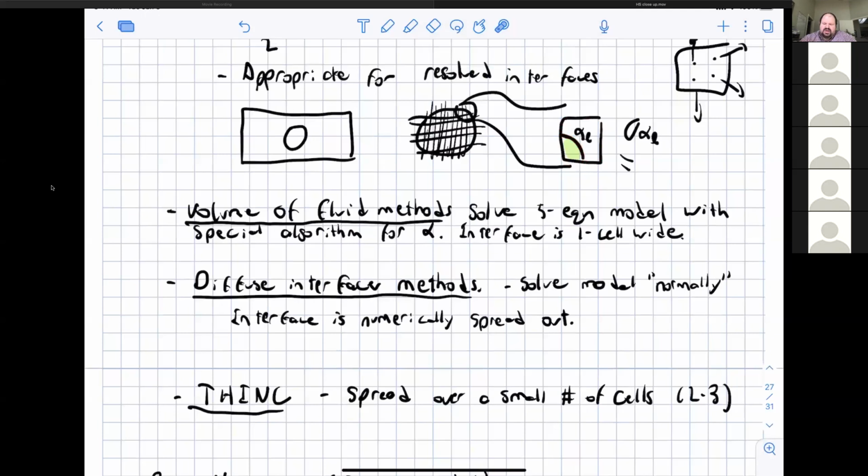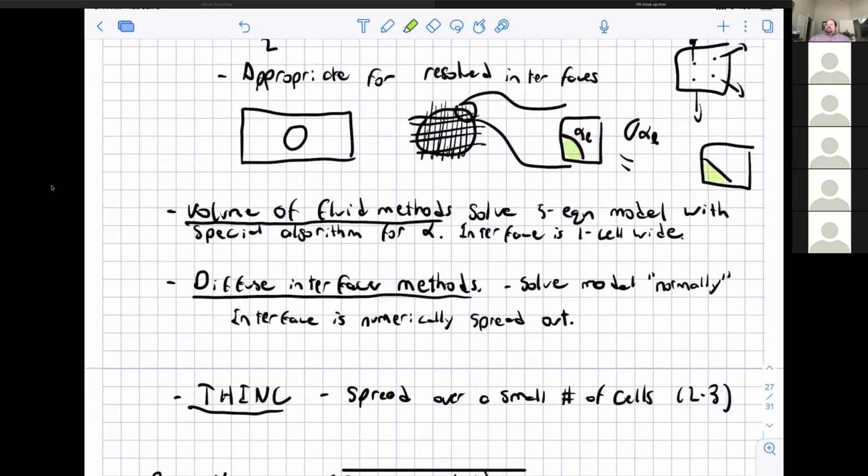But what the VOF method will do is look at the volume fraction of that grid point and the volume fraction of all the neighboring grid points, and attempt to reconstruct the volume fraction in the computational cell so that it would approximate something like this.